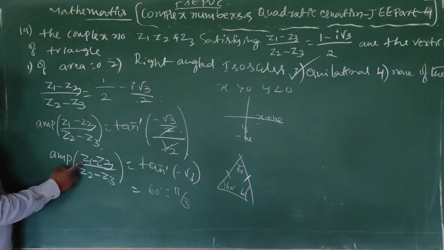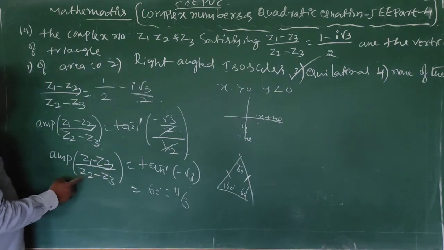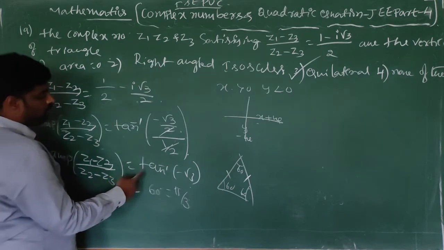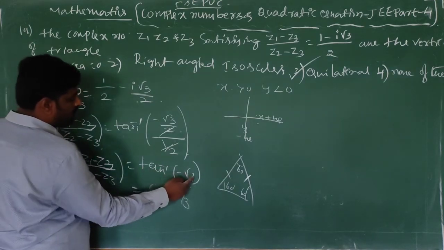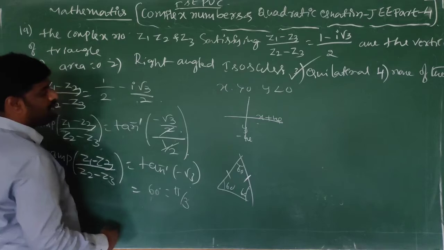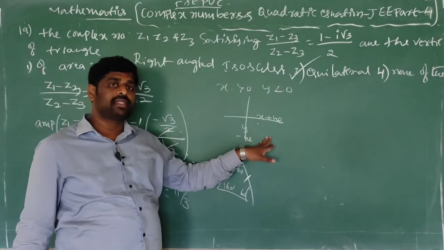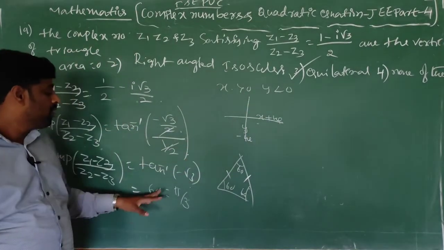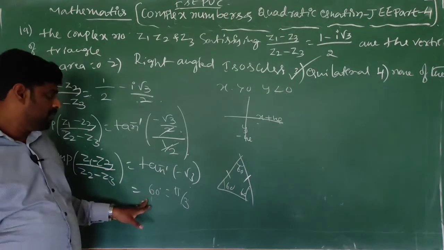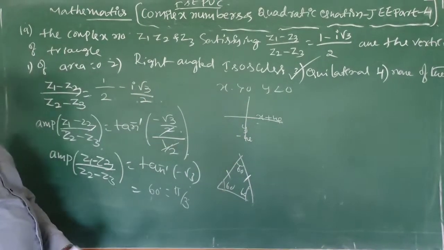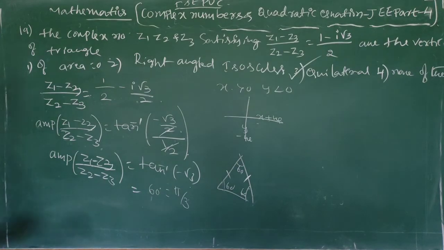So the amplitude is equal to tan inverse of minus root 3, that is 60 degrees. So it is present in the fourth quadrant. In the fourth quadrant, minus theta becomes positive pi by 3. So 60 degrees means, so it shows in the form of what? Equilateral triangle.